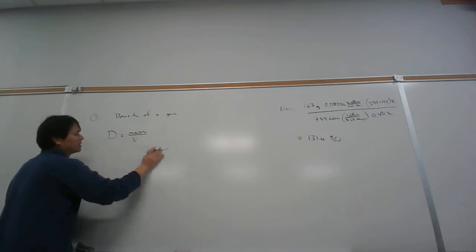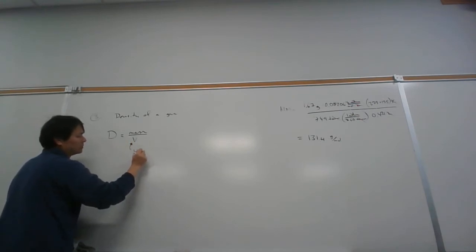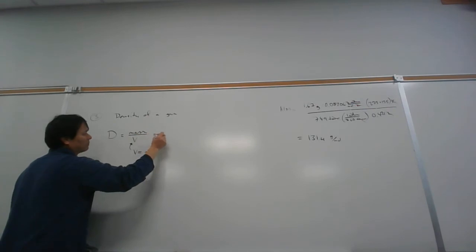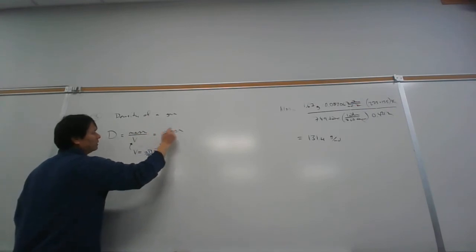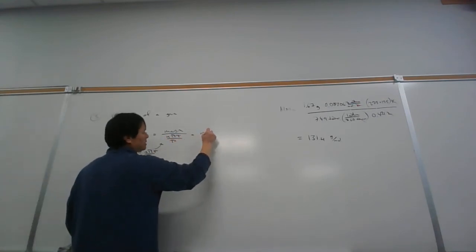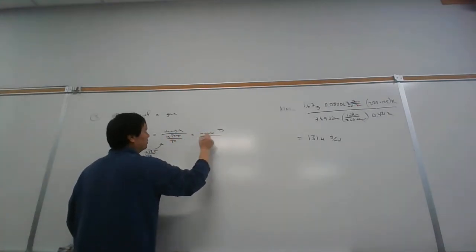And so what we can say here is this. The volume, we'll take the denominator again, the volume is equal to nRT over P. And then we're going to substitute this in here. And so we're going to get the mass divided by nRT over P, and then invert and multiply. So this is going to be the mass times pressure divided by nRT.